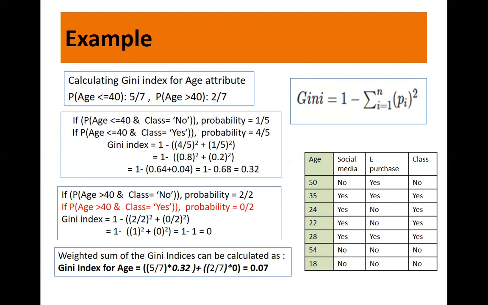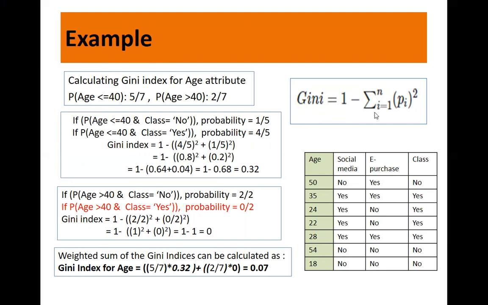There are 5 samples where the age is less than 40, and out of those 5 samples, one has class as no, and 4 samples have class as yes, that is 4/5. You can just look at the sample data again. 35 class label is yes, 24 class label is yes, 22 class label is yes, 28 class label is yes, but 18, which is again less than 40, has class label no. Fine. So that is 1/5, and yes is 4/5.